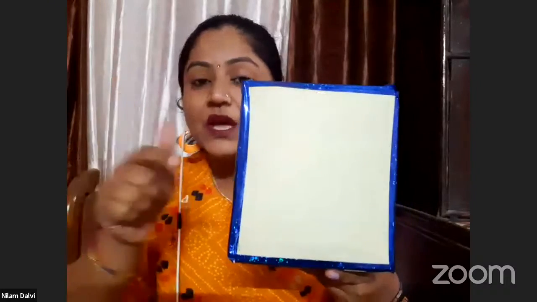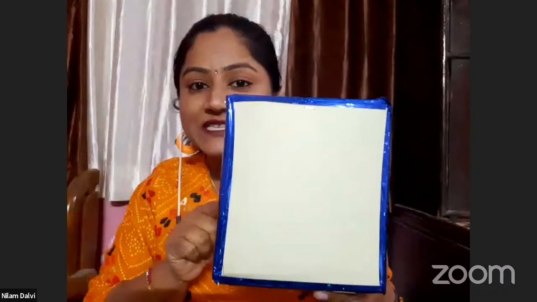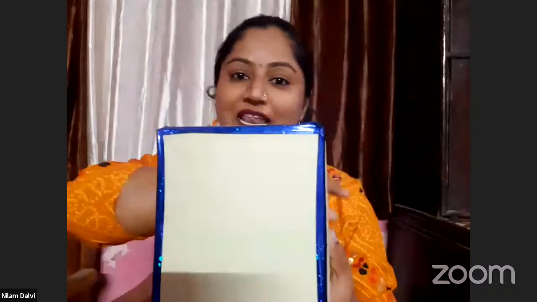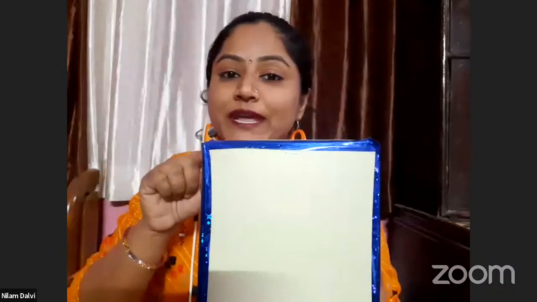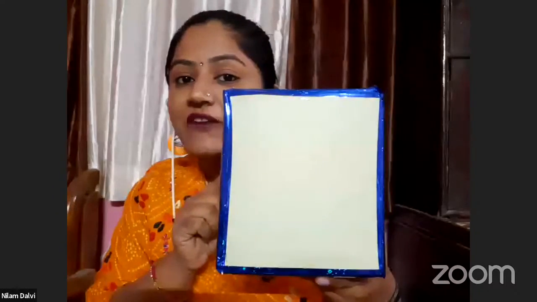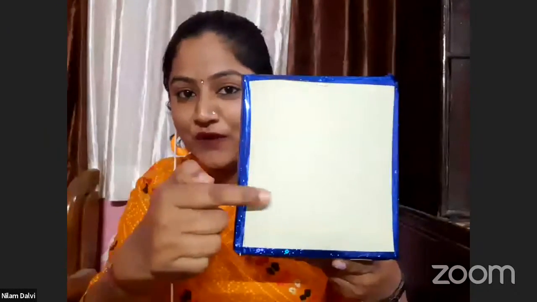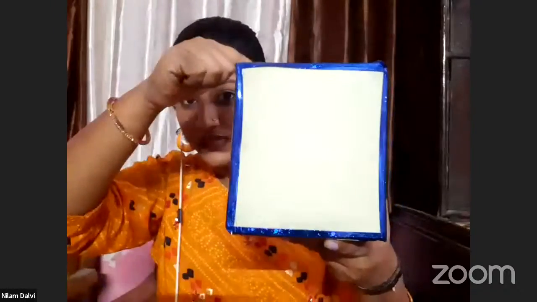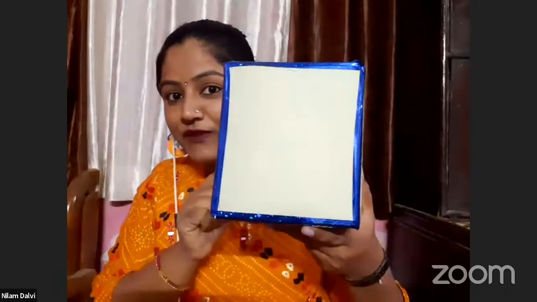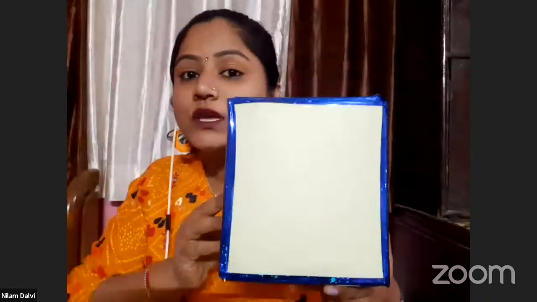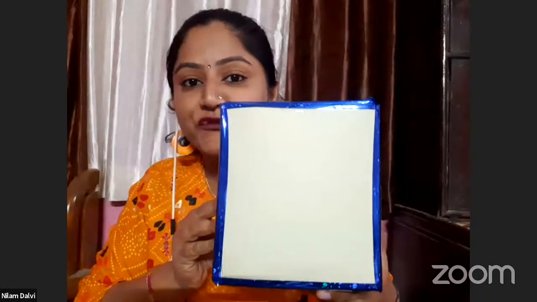Yes, very good. We have the sides remaining, right side and left side. So tell me how many faces a cube has? Six faces. Very good. One, two, three, four, five and six. A cube has six faces.